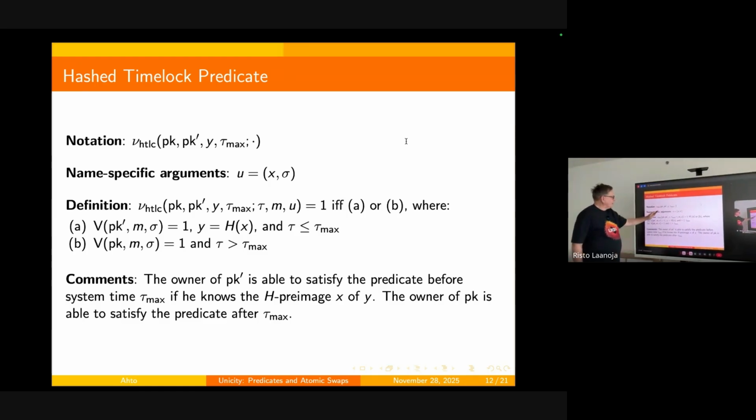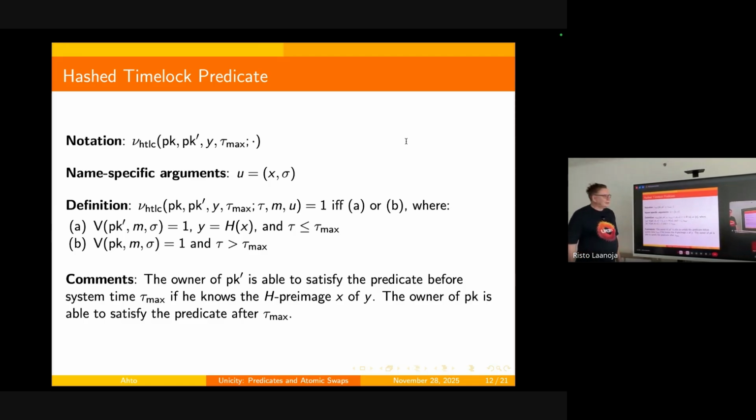So the second user can satisfy the predicate before the timeout if he or she presents the pre-image of Y. And there is another occasion when the predicate is true: when the signature is given with the first public key and the timeout is exceeded.